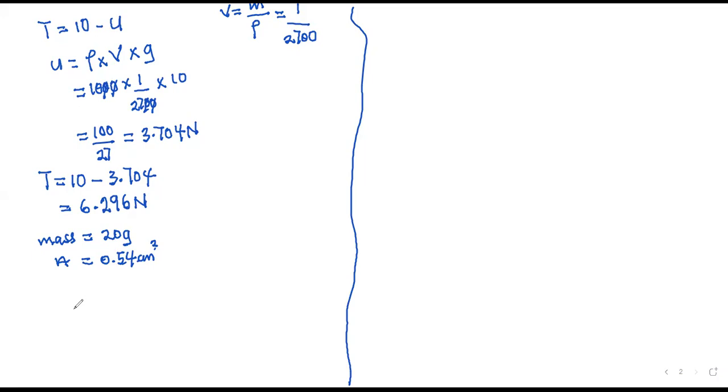It floats upright in a liquid. If 25 centimeter of its length is submerged, so height of hydrometer submerged, we are told is equal to 25 centimeter. Calculate the relative density of the liquid. We are to determine the relative density of the liquid.